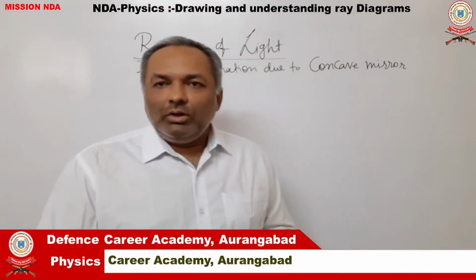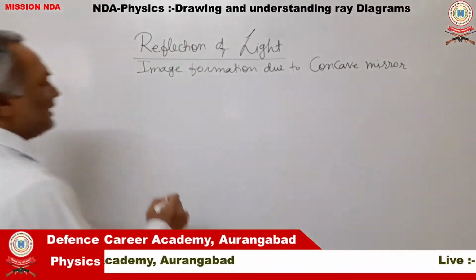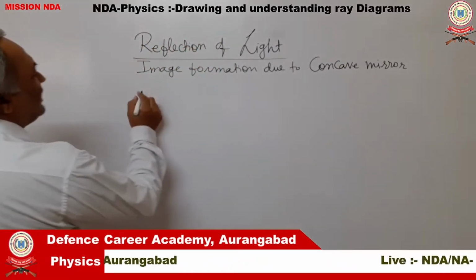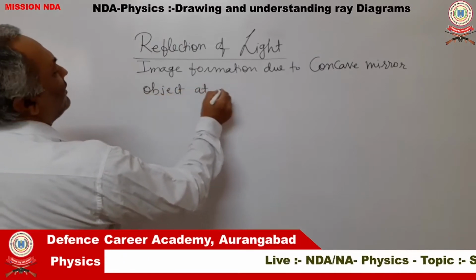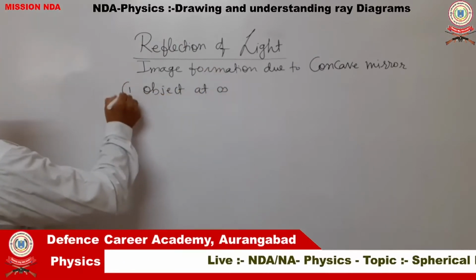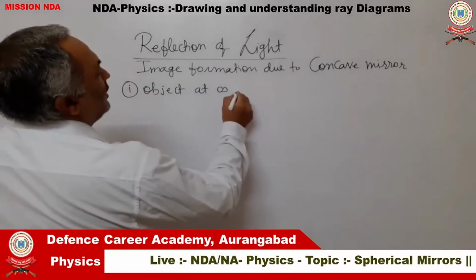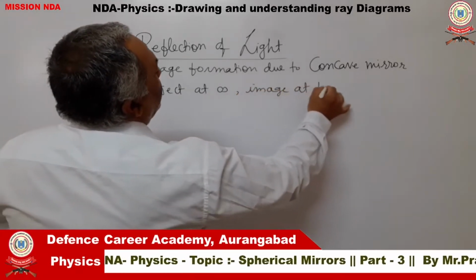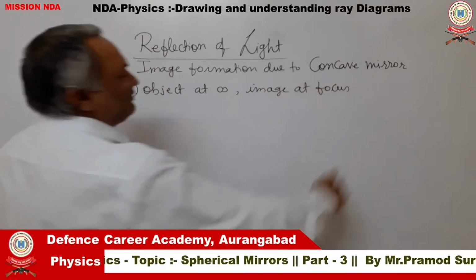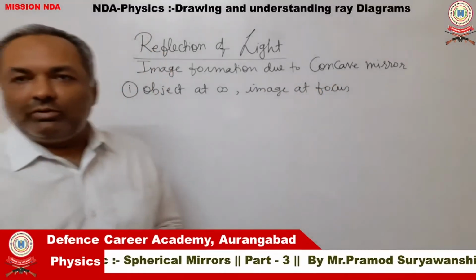Okay, so the first image formation is the object at infinity for a concave mirror. So object at infinity, image at focus or principal focus.